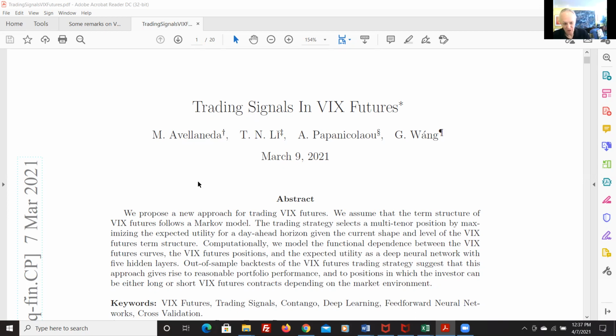And this talk is joint work with Andrew Papanicolaou, who's now a faculty at North Carolina State, and with Tom Lee and Jeff Wang, who are respectively at New York University and at Columbia. I believe they're postdocs, or they graduated, or they're about to graduate.